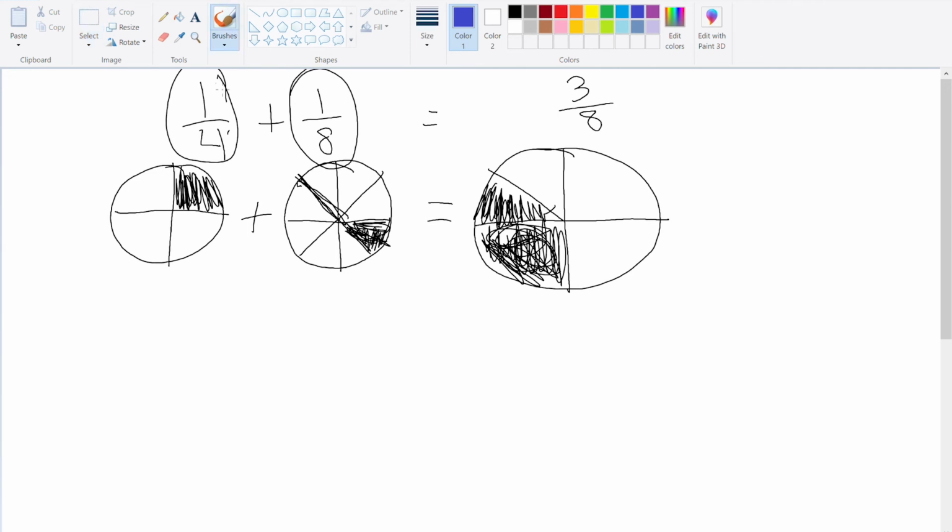we have a 4 in this denominator, and we have an 8 in this denominator. And in order to figure out what the new denominator is going to be, you're trying to look for something called the least common multiple.